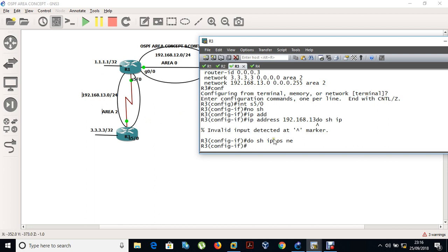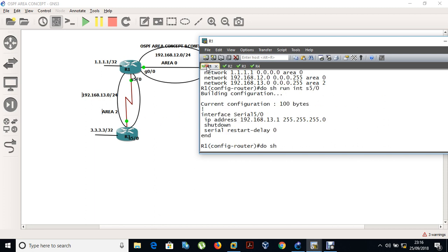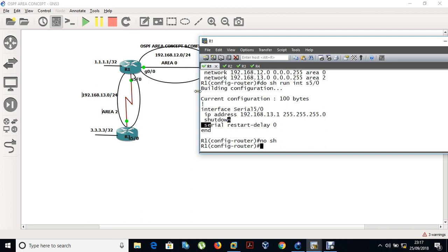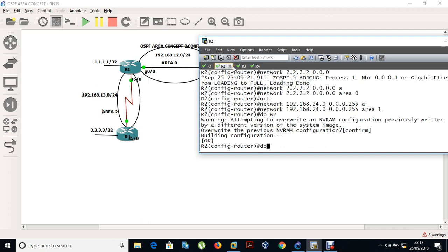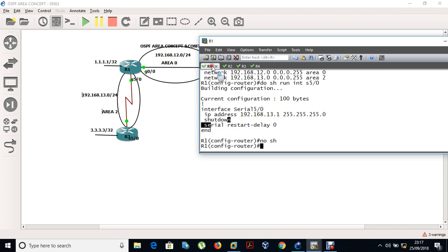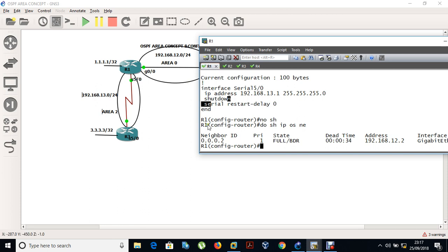That's what we are troubleshooting, and we got the troubleshooting easy because this interface is shut down. So no shutdown. Now you will see, it will come up. So R1 has IP OSPF neighbors, already has a neighborship relationship with R2. So now R2 is the BDR, because the problem is because we configured this one first.